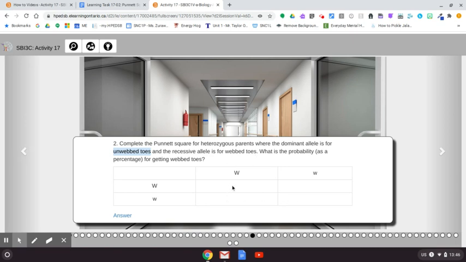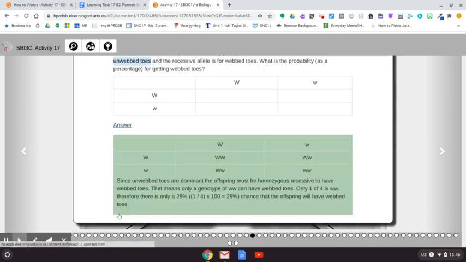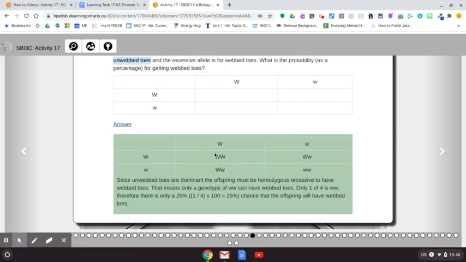So if you think about that, what's the probability? So 3/4 of the time, you're going to get a baby that has unwebbed toes. 1/4 of the time, you're going to get a baby with webbed toes. So if we look here, these are the options.